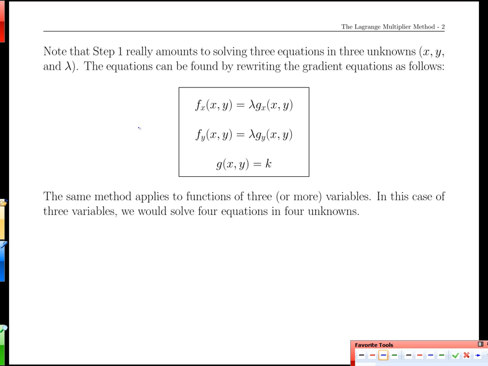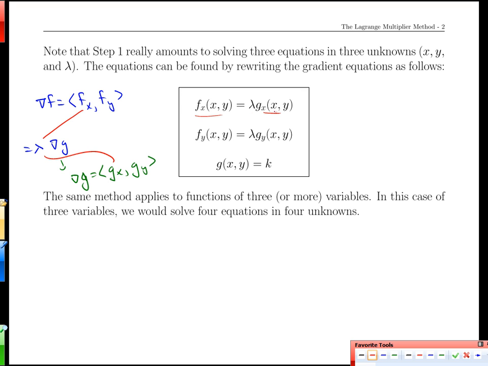When we're looking at the gradient of f, remember the gradient of f is just a package, the x partial derivative and the y partial derivative for a two-variable function. And if we want that to be equal to lambda times the gradient of g, which is another package of partial derivatives, the x and y, then what we're going to get is the x derivative of f equals lambda times the x derivative of g.